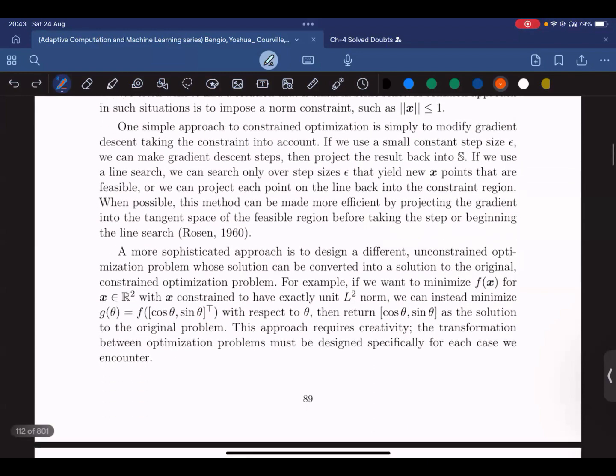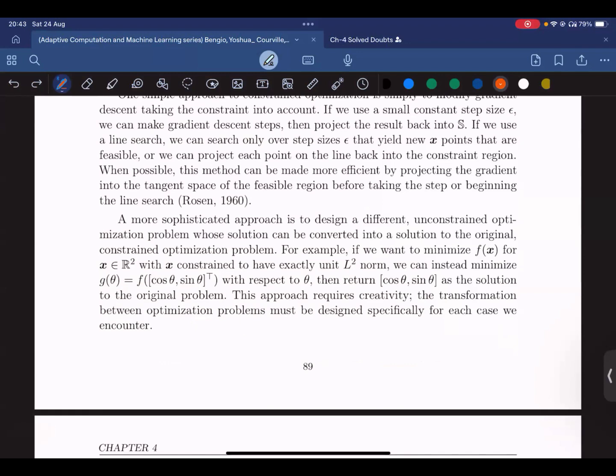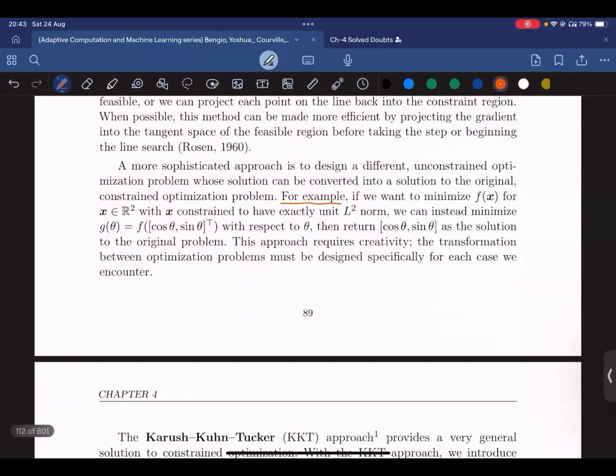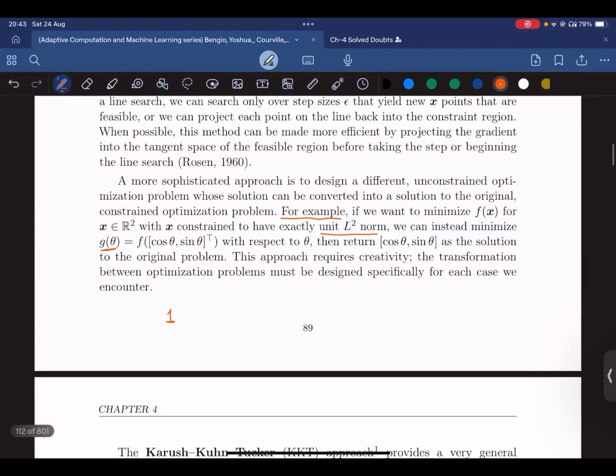Some of the tricks we can use here: if we want to minimize f of x for x belonging to R squared, with x constrained to have exactly unit L2 norm, we can instead minimize g of theta equal to this quantity. Since we have used cos theta, sin theta without magnitude, we have assumed it is 1, that is, unit magnitude. So just transforming the problem creatively can also solve it directly.